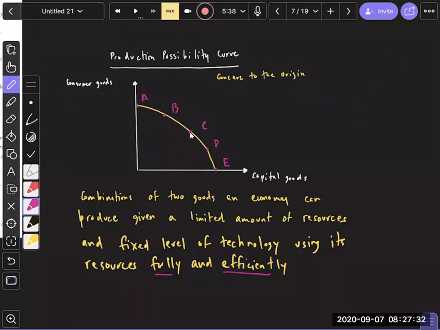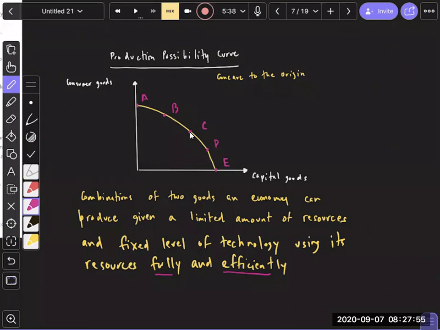Yes, sir. Okay. In economics, we can say technology is the productivity of capital goods. Better technology, for example, can make us produce more output with the same resources. Isn't that true? Yes, sir.